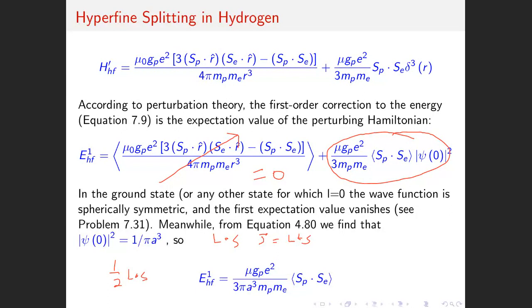So the total angular momentum of the system will be due to SP plus SE, right? And then if you square the total angular momentum, you get SP squared plus SE squared plus the term that you're looking for, 2SP dot SE. And then you can solve for this term, which is the term sitting there.